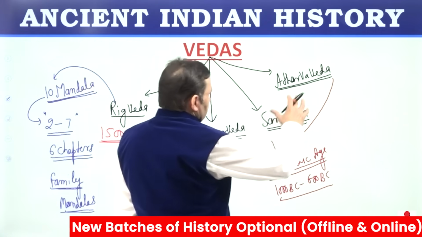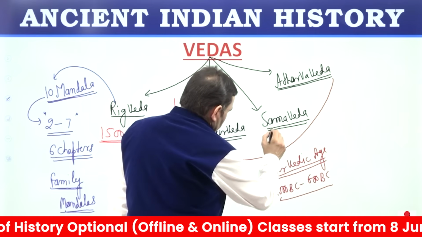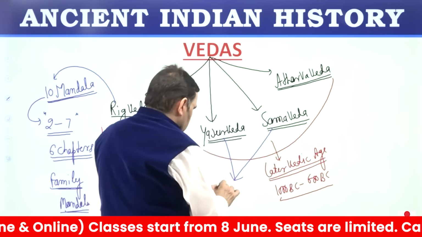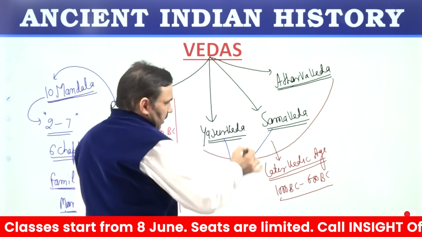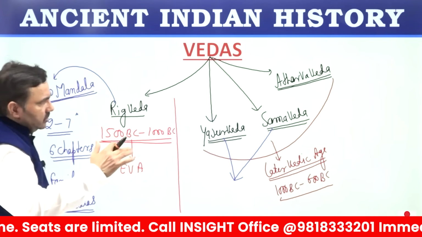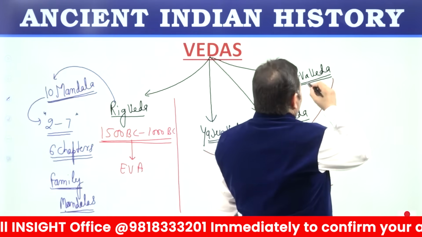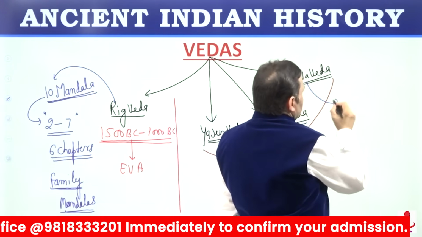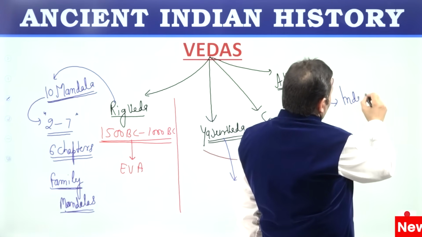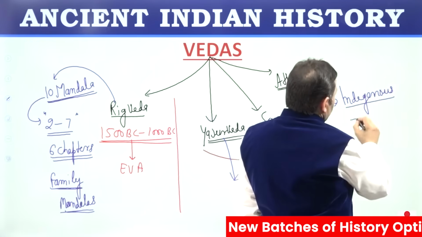Yajurveda, Samaveda, Atharveda. Yajurveda and Samaveda deal with social life, economic life, religious life. Atharveda is also dealing with social life, economic life, but Atharveda is unique because it contains names of a lot of indigenous groups, or the groups that were living in India, or we say indigenous tribes.